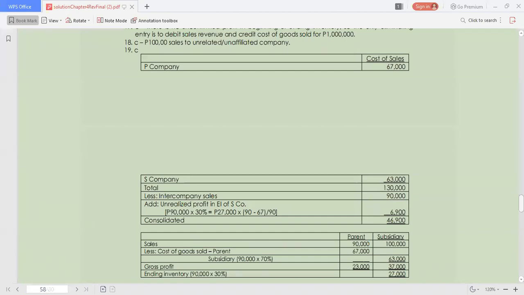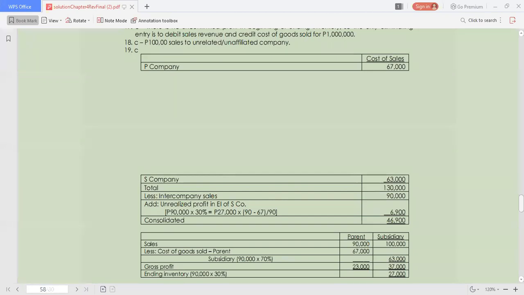So we have the unrealized profit 90,000, and we multiply it by the gross profit rate. That's equal to 30, or we have the inventory rate. I'm sorry. The inventory is 30% because 70% of the inventory or of the merchandise was already sold. So we have 27,000, and we have now a 90 minus 67, and we divide it by 90.